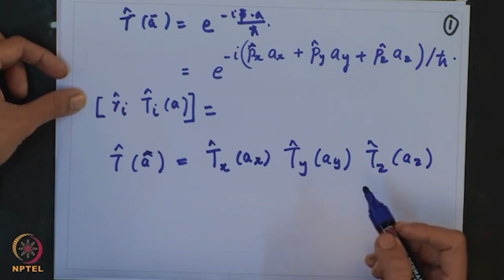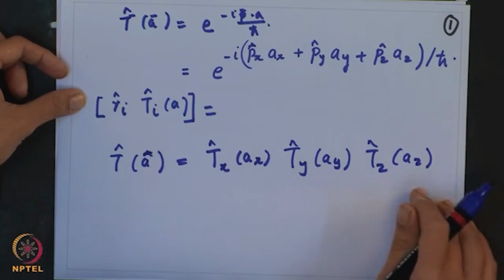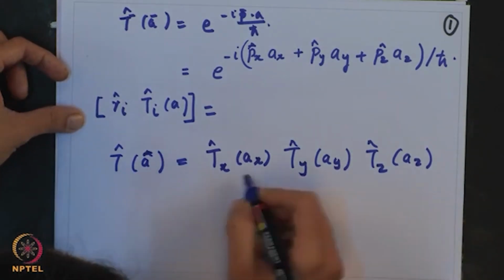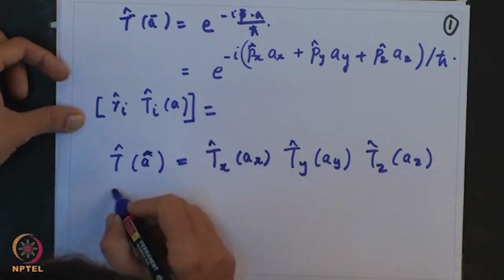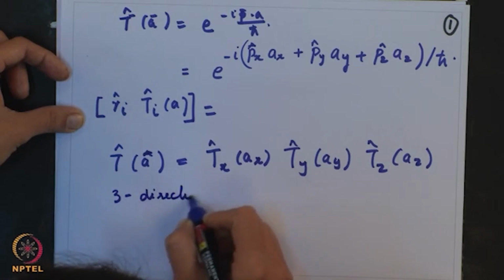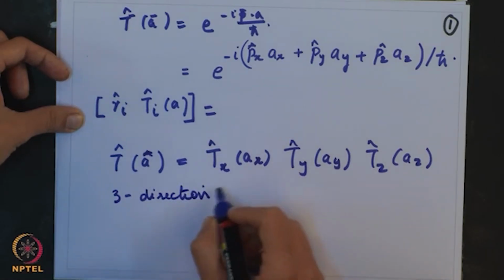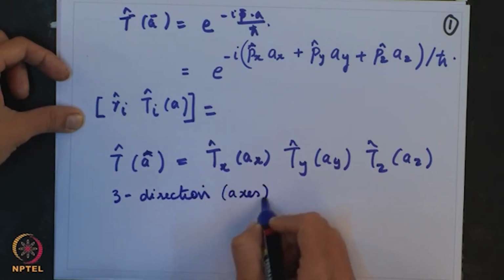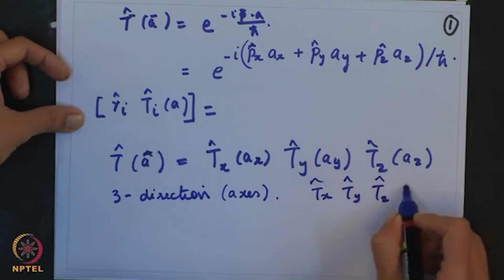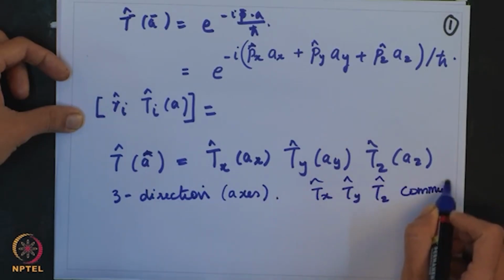So, these translational operators will also commute with each other. When we are taking the commutation relation, we have to use this hint. These x, y, z are the 3 translational directions, that is the 3 axes, and these Tx, Ty and Tz commute with each other.